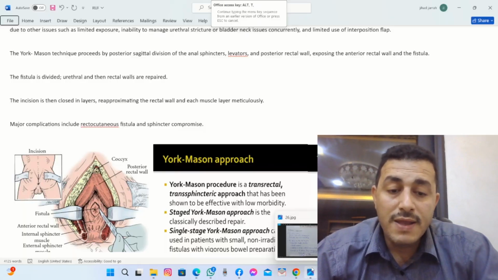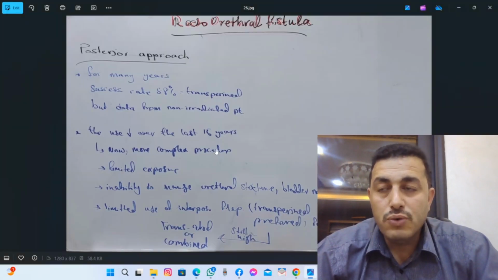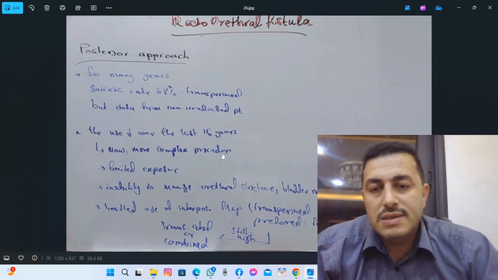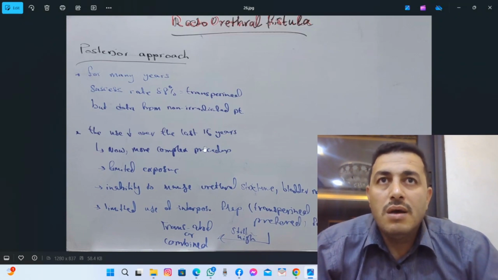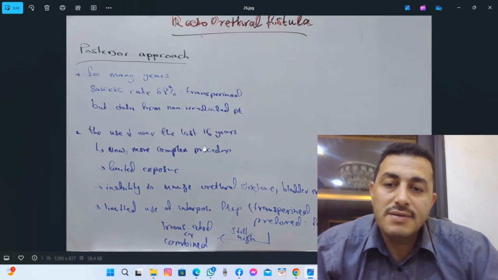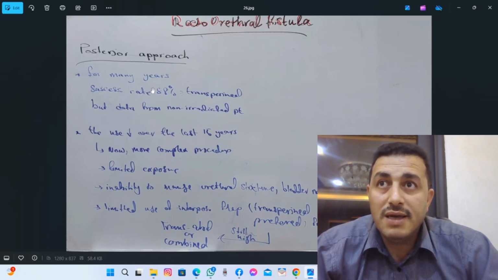It was the main approach in the past, 20 years ago, let's say, when radiation was not part of the treatment of prostatic cancer, and the success rate is fairly good, 88, but this percentage is from non-radiated patients.